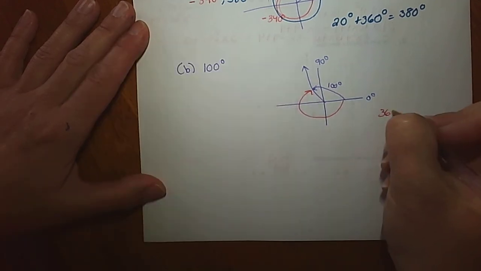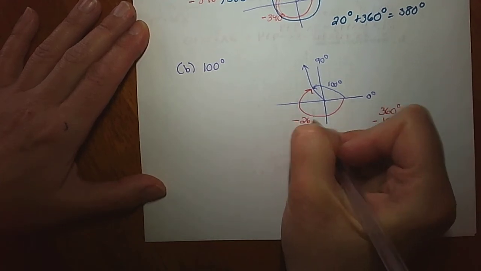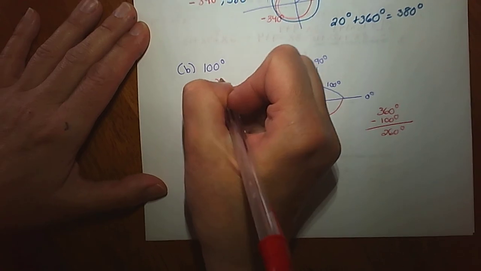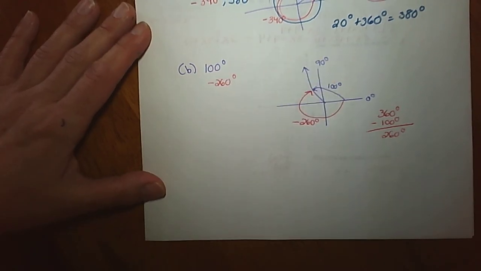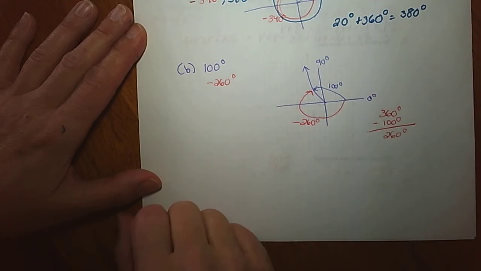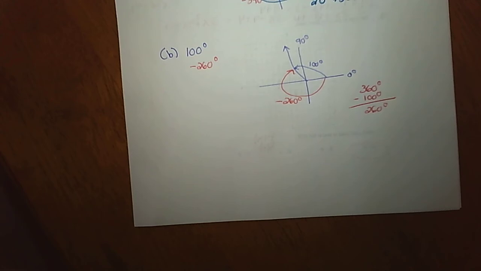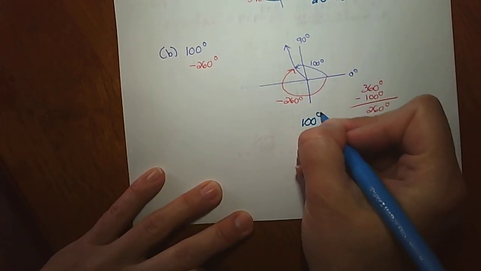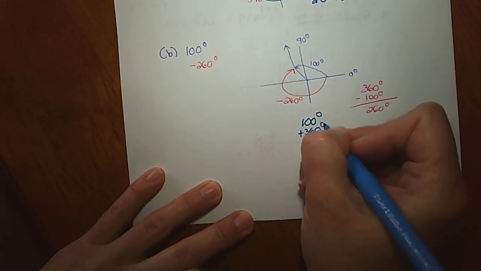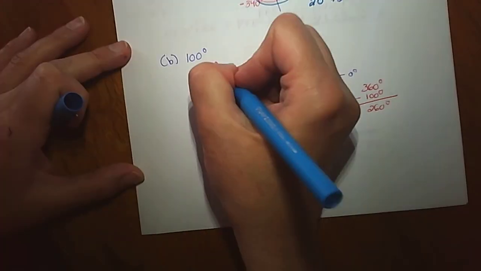So if you say 360 minus 100, that's 260. That means I went backwards 260. So that would be one of the answers. Backwards would always be how far away you are from 360. Now, another positive direction would be 100 plus 360. That means you went around the circle again. That would be 460.